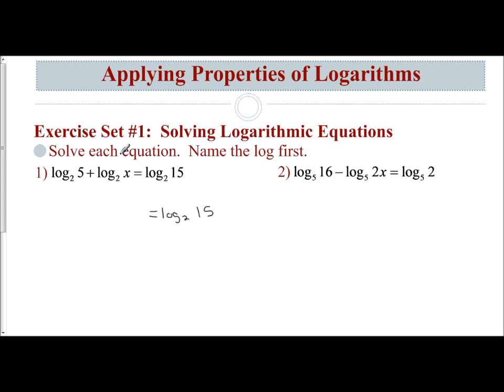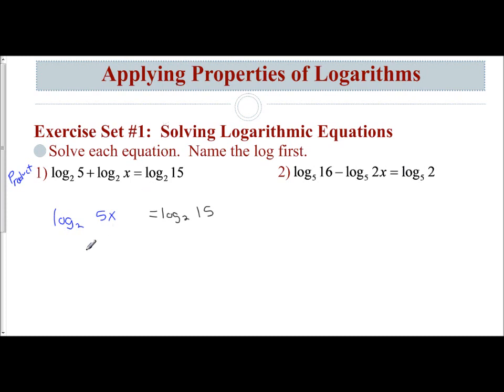If I am adding logs, it's like adding exponents, which means I multiply. And so what's going on here is we are looking at our product rule. So to combine them into one log, log base 2 of the product, so 5x.